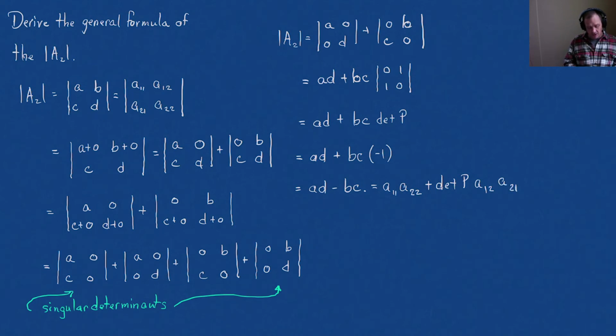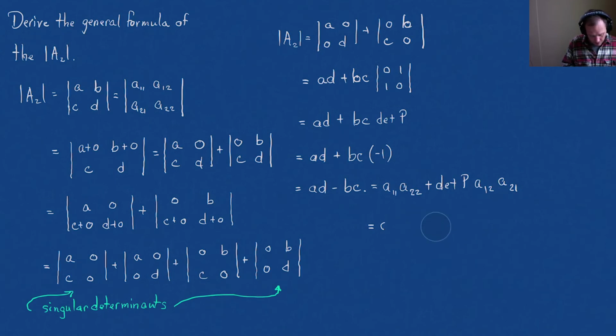Now I want to look at this closely, because notice there was one more thing in there that we did very quickly, and that was A11 A22. Well, it also had a determinant of a P, but its P was very simply the I, so there was no sign change.